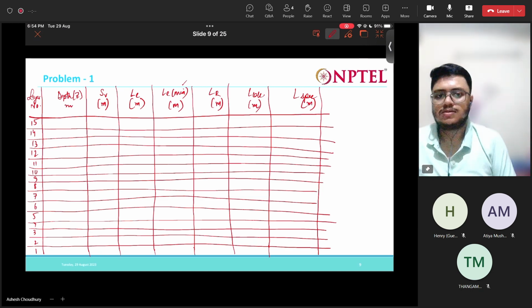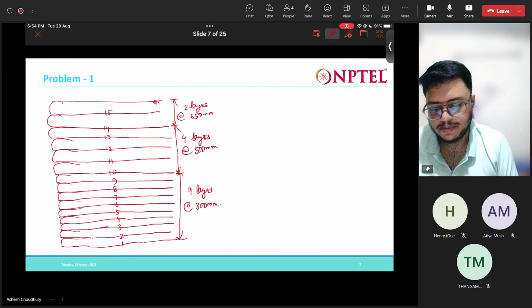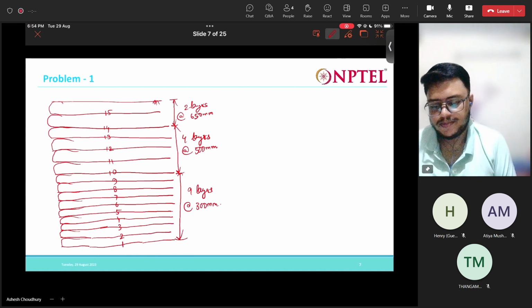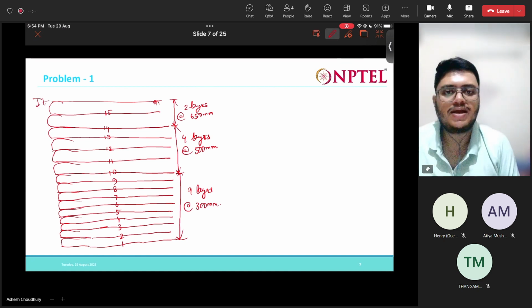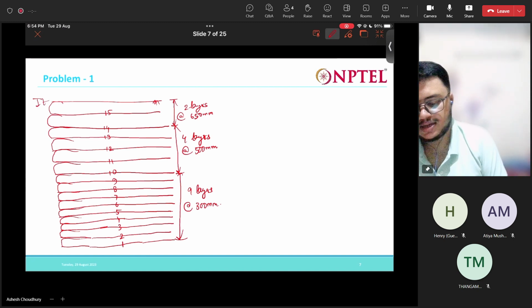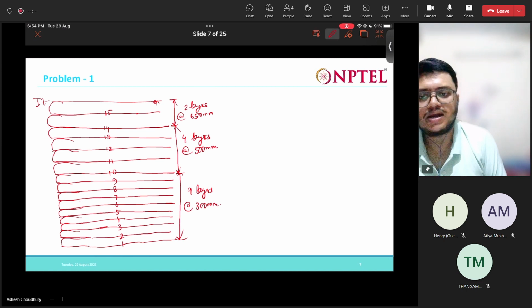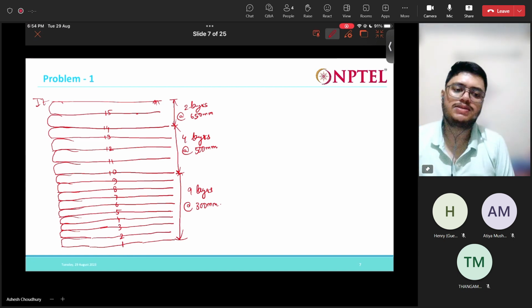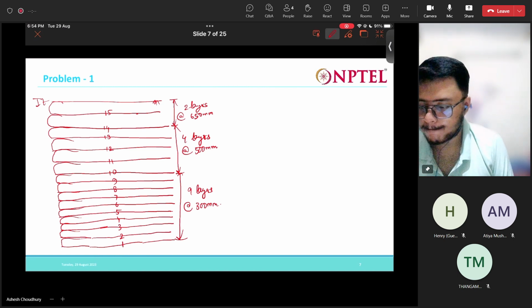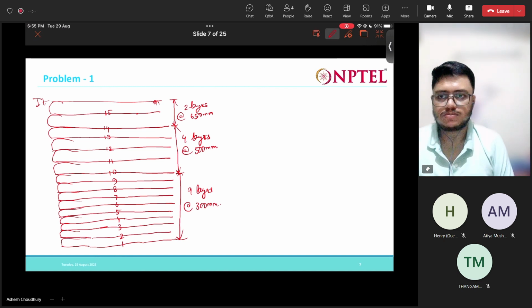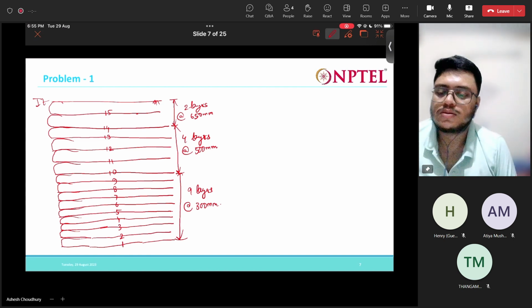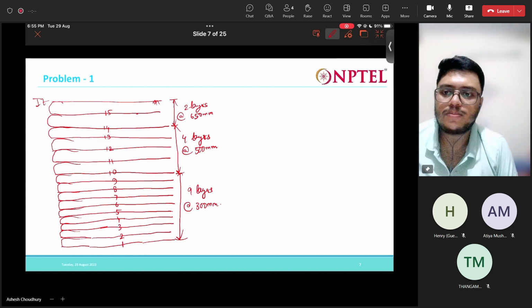Now what are the depths? Please see from this image and tell me what is the depth Z of layer number 15 from the top level.